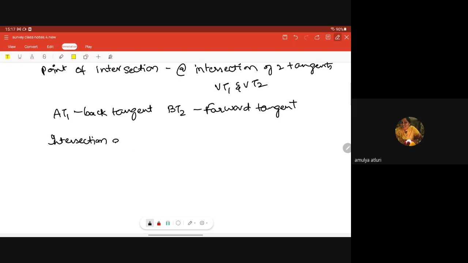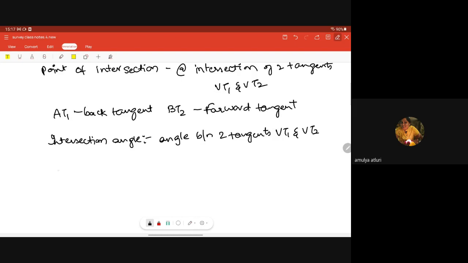It is the angle between the two tangents VT1 and VT2. Got it?